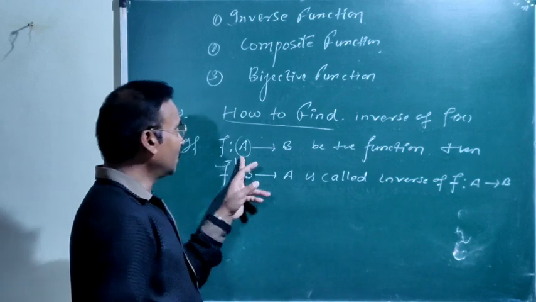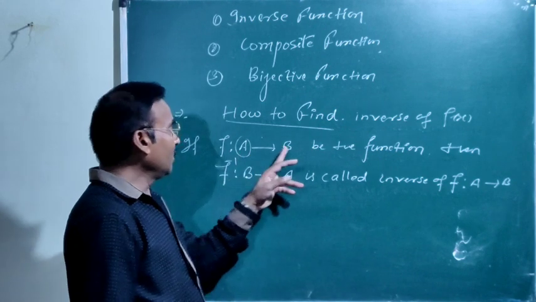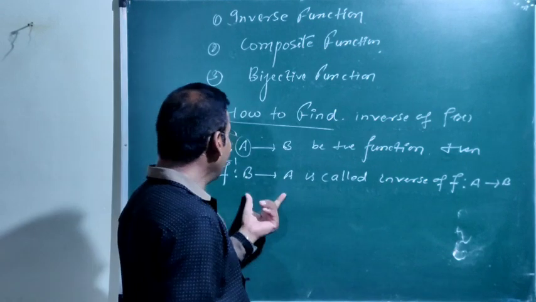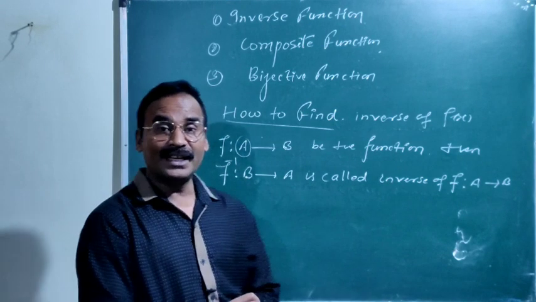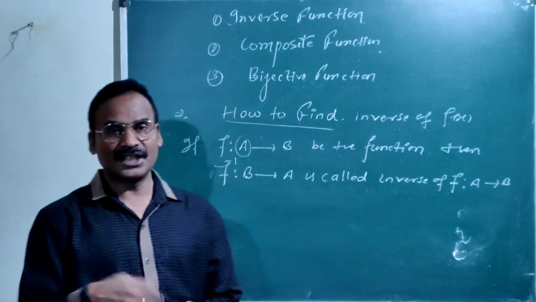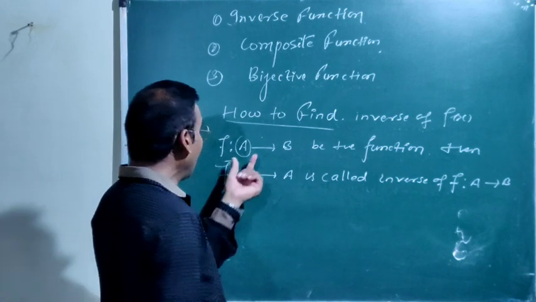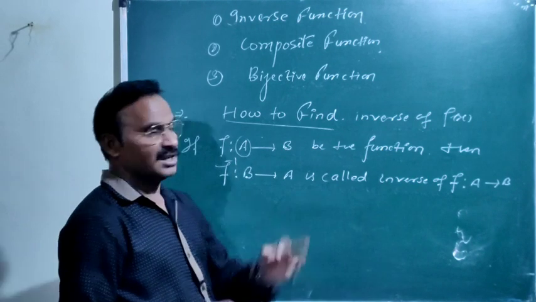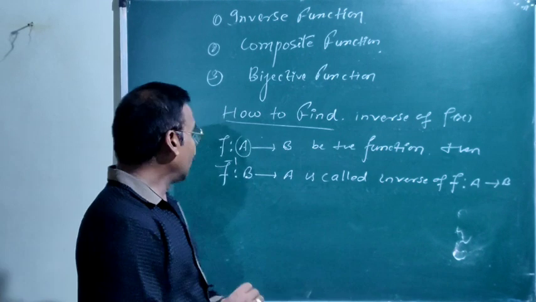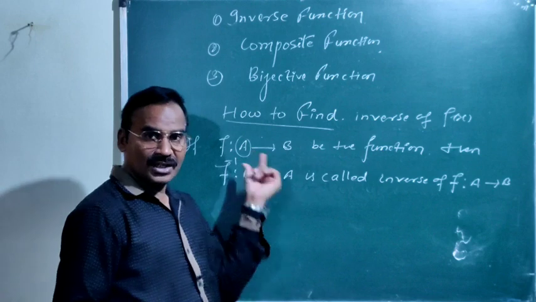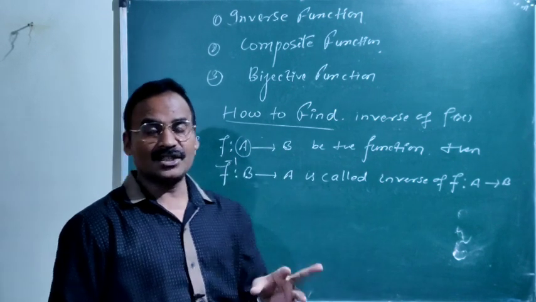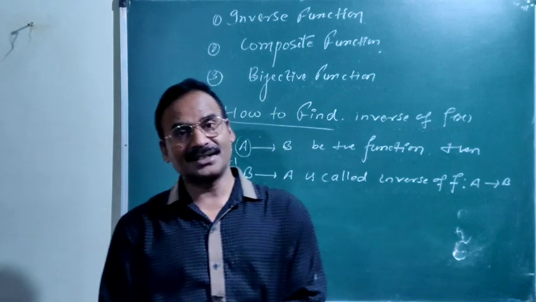So A is the set of domain, B the set of range. So what activity will be performed in the inverse function? What are the changes? If f from A to B is the function, then f inverse from B to A is called the inverse function. That means the domain and range of the function will be interchanged in the inverse function.